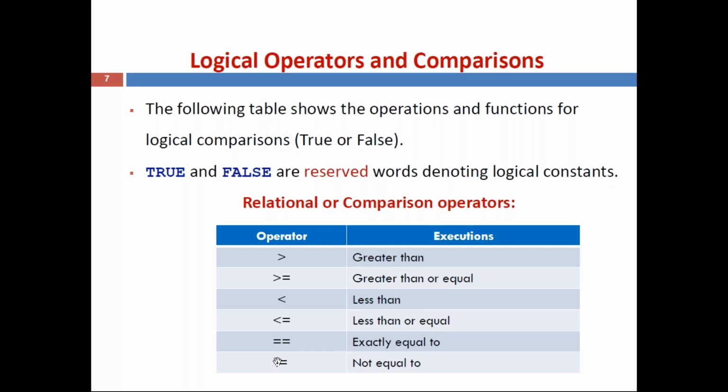Then this symbol is not equal, which we read as not equal to. These are all the various relational operator symbols and their meanings, that is, how to read the symbols.